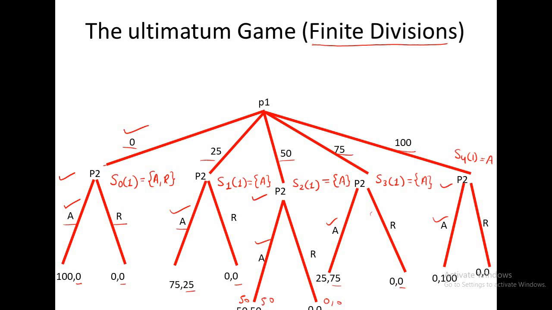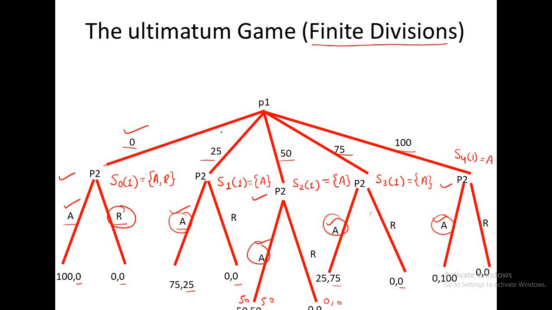We need to look at the game tree first. You can see here in this case he is rejecting the offer. Here accepting the offer, accepting the offer, accepting the offer, and accepting the offer. So here he is rejecting, right?